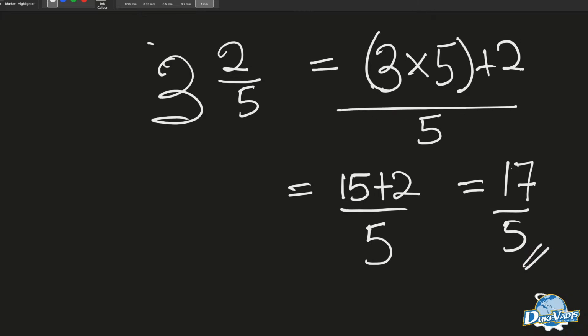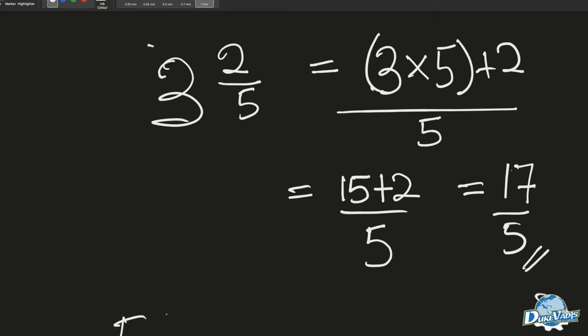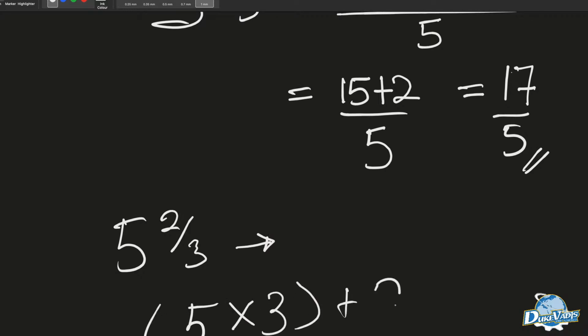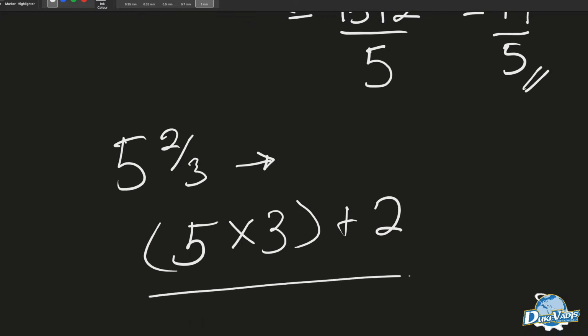Now let's look at another one. 5, 2 on 3. How do we convert this? So this one will be 5 multiplying 3 in brackets plus 2 all over 3.